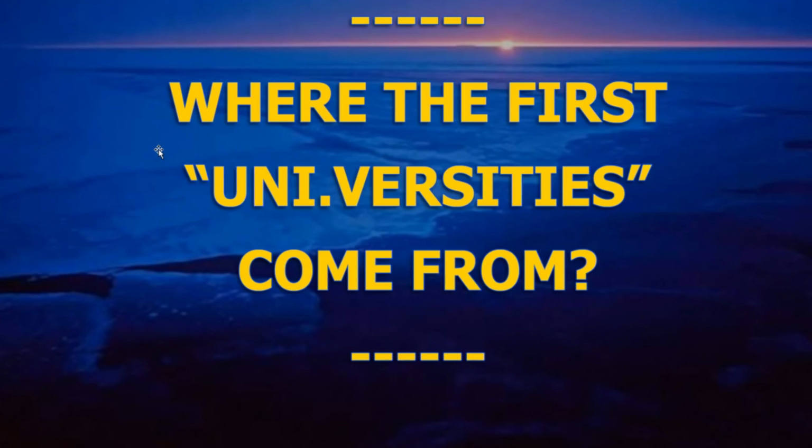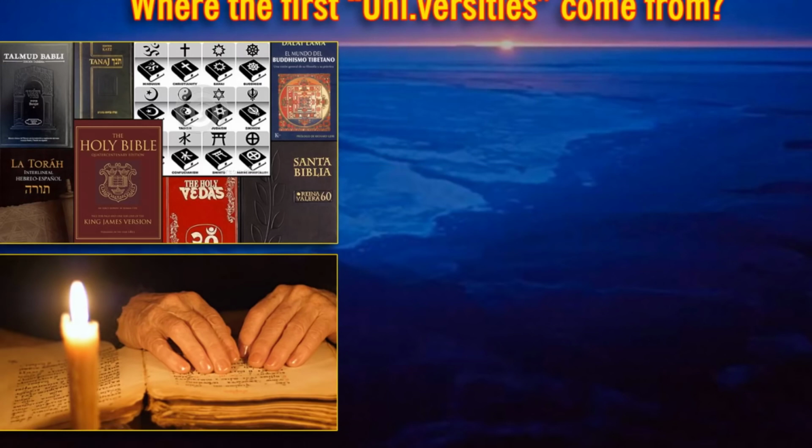So when you ask about the first universities, where history comes from, you're going to see the first guys who had access to study, going really back to the beginning of time, were just religious people.